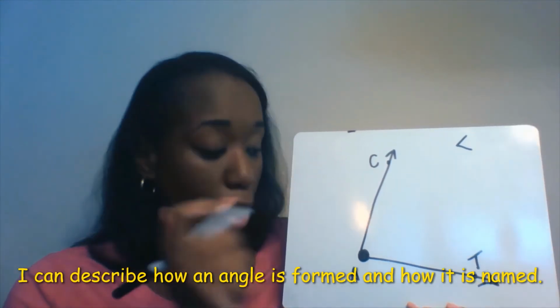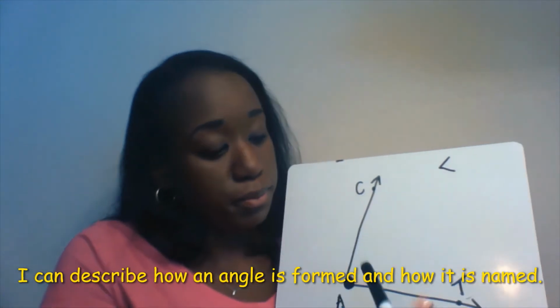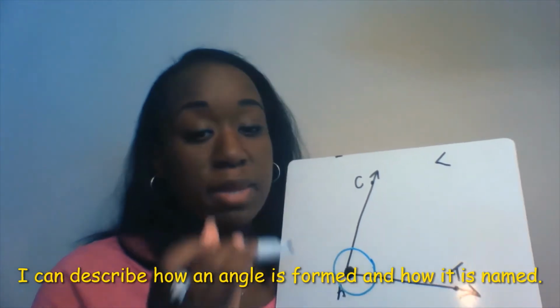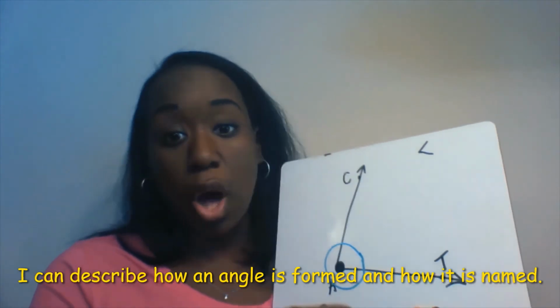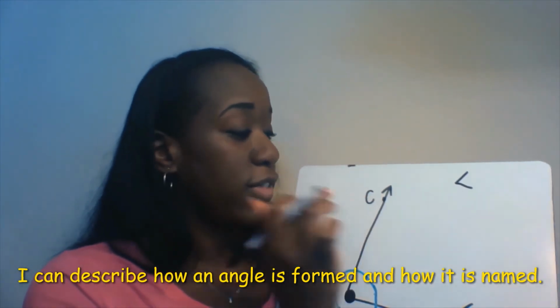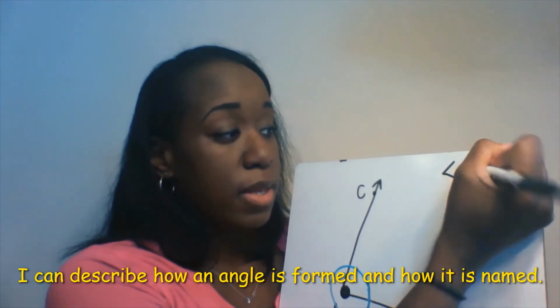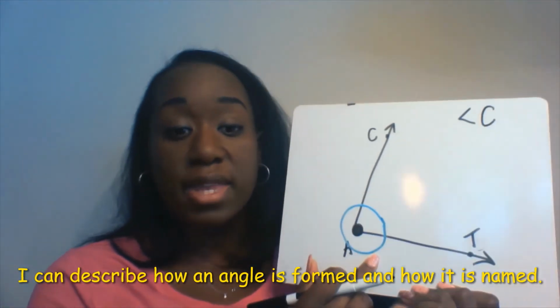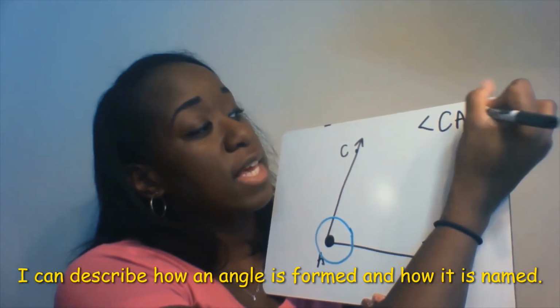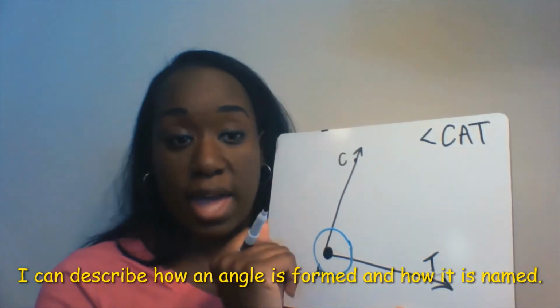However, you do need to know that here, the vertex should always be in the middle. You cannot start an angle with the vertex. So let's start with this. This is C. The vertex is in the middle, so it has to stay in the middle. And it ends with T. So we're going to call this angle CAT.